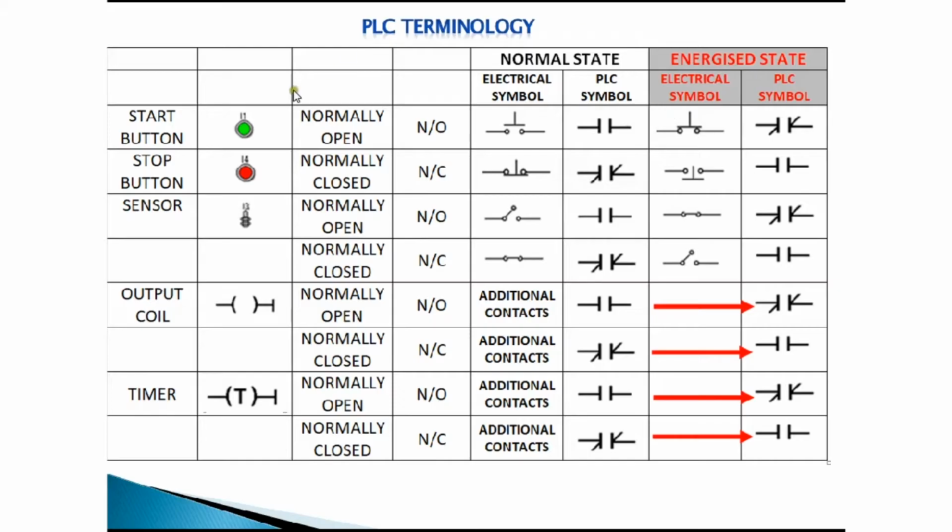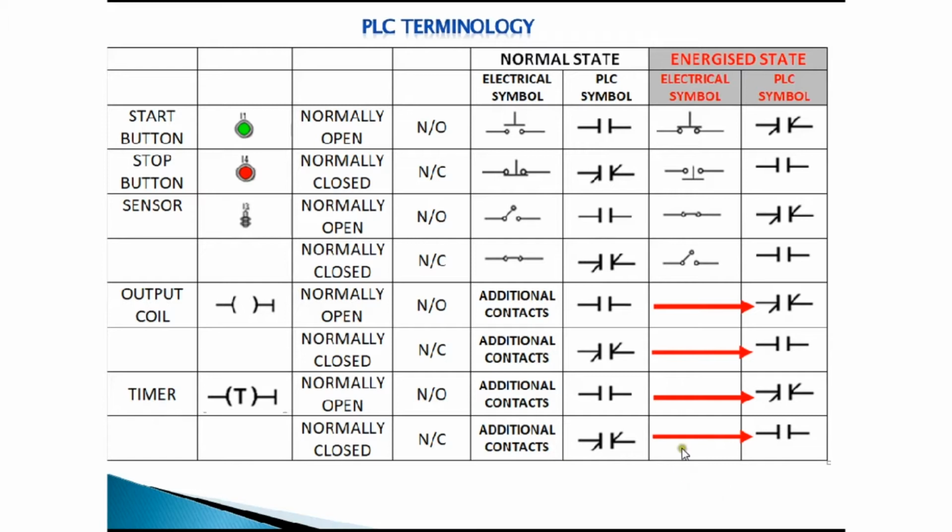However, if a timer has a normally open contact associated with it, you will find when that timer is energized or when it counts down, when the timer is elapsed, you'll find that contactor will close. If it's a normally closed contact associated with the timer, then the timer contact would actually open after the specified time.